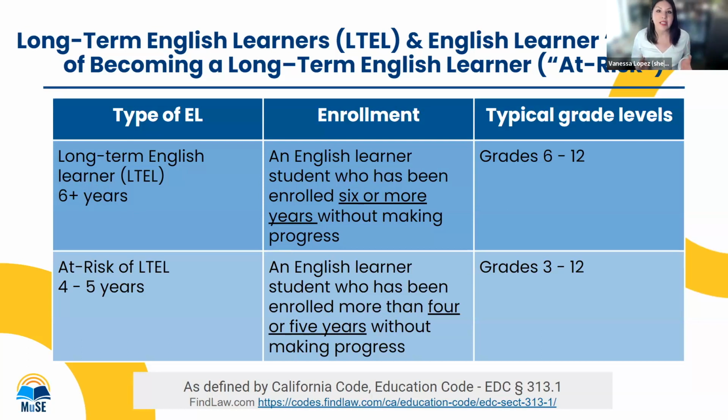So just by the year 6 plus and 4 to 5 years, we know that the vast majority of our sense of urgency is found in middle school and high school as it relates to long-term English learners. We know that some of our conversations around where long-term English learners are made often point back to the elementary school years, not necessarily as they are the ones responsible, but just chronologically, that's where it happens, right?